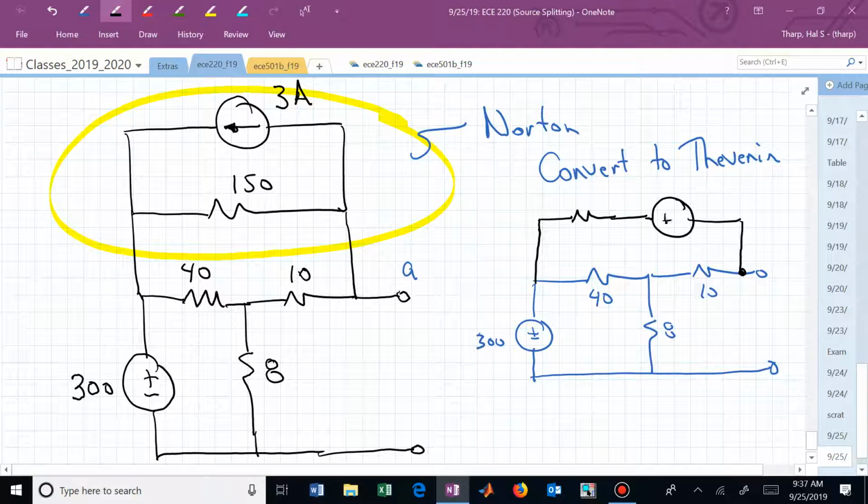I now have this. And what's my resistor value? It stays the same. What's the value of that voltage source? IR, isn't it? Which is now 3 times 150, or 450 volts.